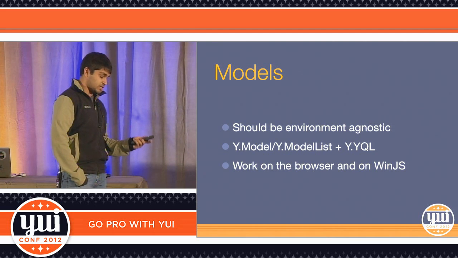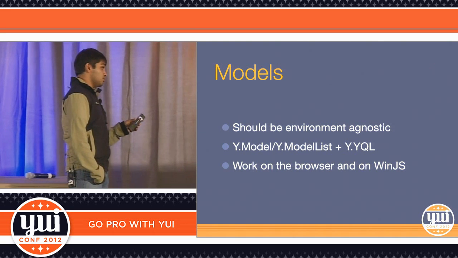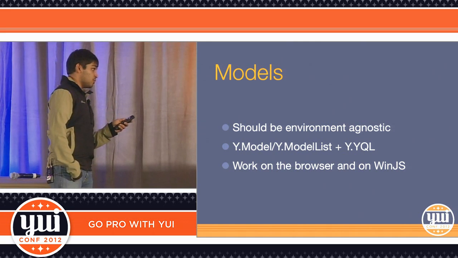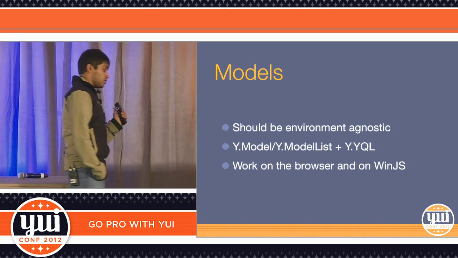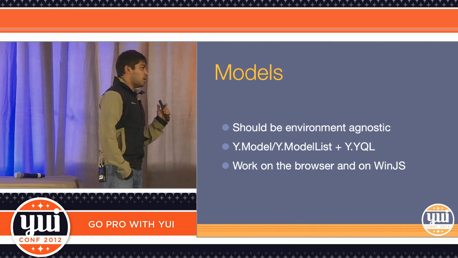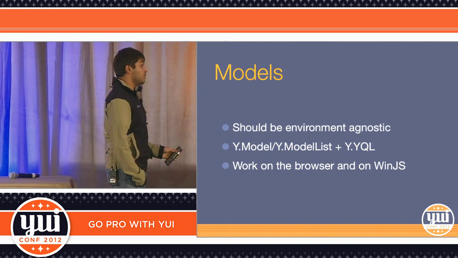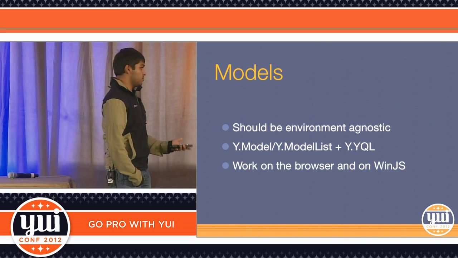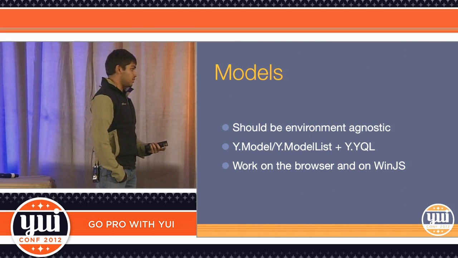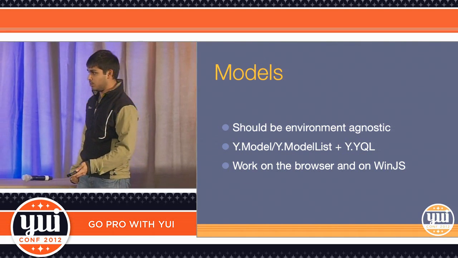WinJS supports CORS over XML HTTP request, and the new YQL WinJS module allows it to use CORS to talk to YQL. So YQL just works. And I'll show you my model code, and you'll see there's no WinJS code in there at all. All it does is load stuff from YQL and save it in a model list. And so that allows this code to run on the browser and on WinJS.